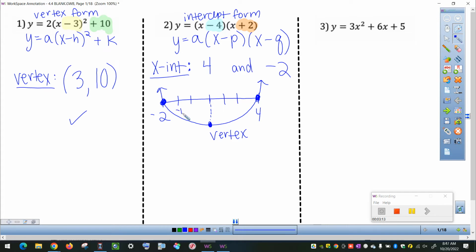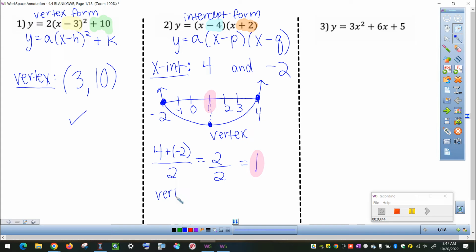There we go. So negative 1, 0, 1, 2, 3, 4. I can see that the middle point is an x value of 1. So that's the x value of our vertex. Another thing that we talked about in class to get the x value of the vertex is to add the x-intercepts together and then just divide by 2. And so when we do that, notice how we get the same middle point of 1.